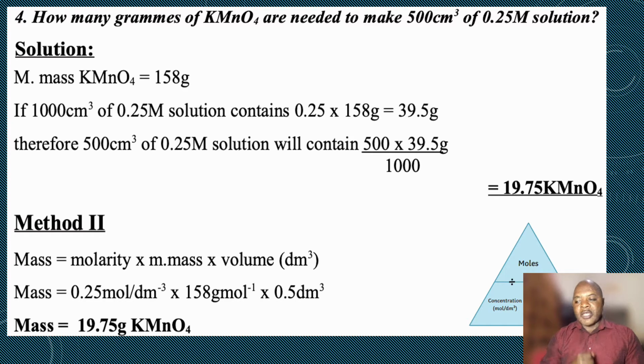Now, we want the number of moles. So in order to have the number of moles, multiply the concentration by the volume in dm cube. So we have 0.5 dm cube times the concentration, which is 0.25.